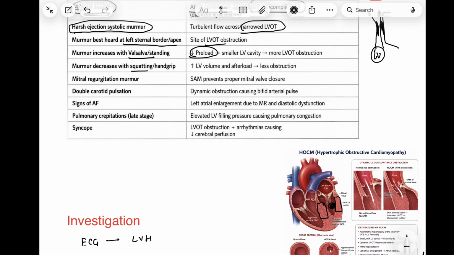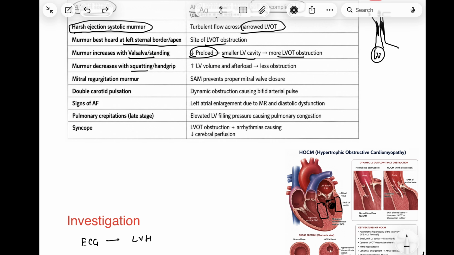The nearer the walls are, the more LVOT obstruction there is. So whenever there is decreased preload, there is a smaller LV cavity, which causes more LVOT obstruction.